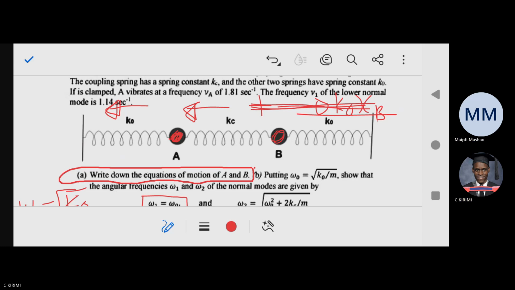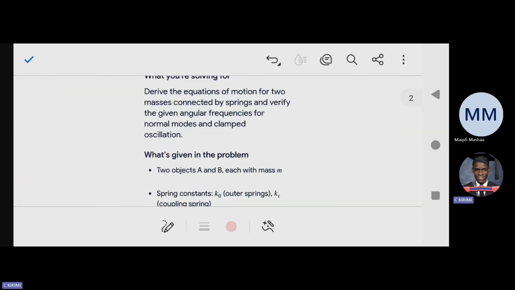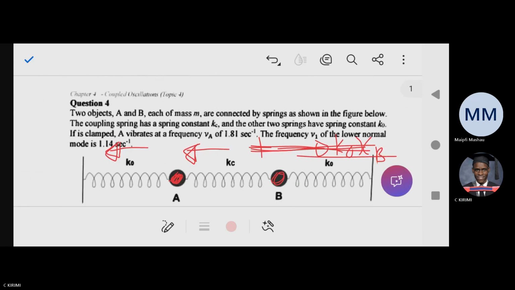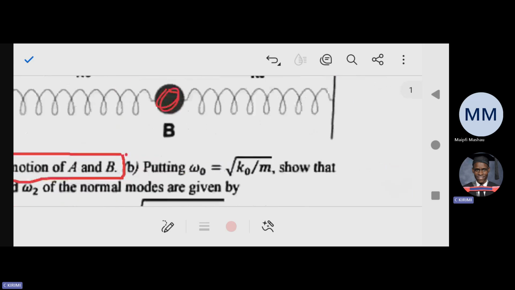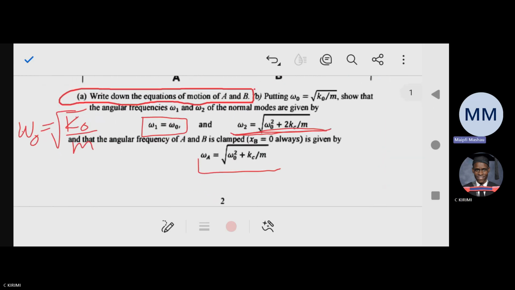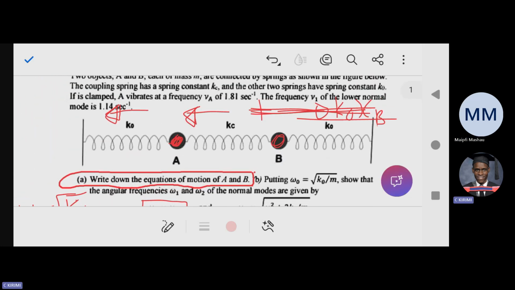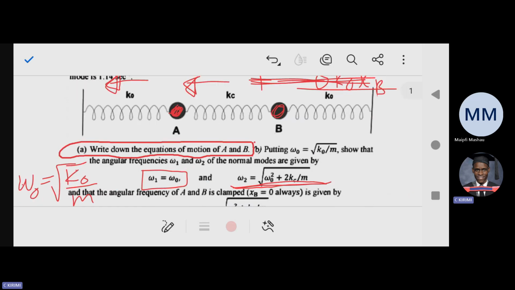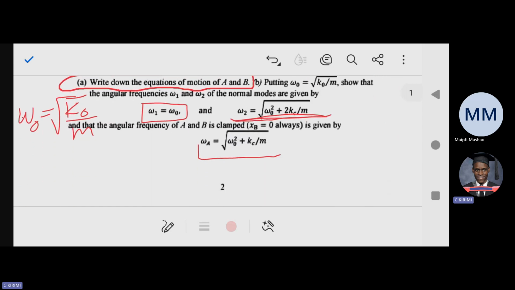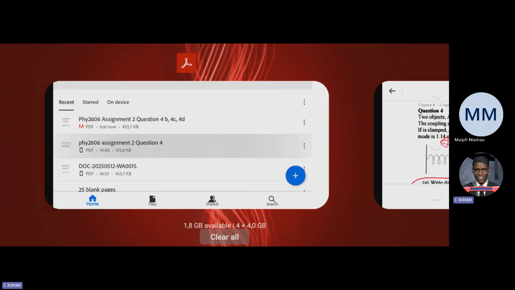So we are done with A and B. We are left with C and D. Are we done with question 4? No, we are left with 4C and D. What's left is C and D. Let me show you.